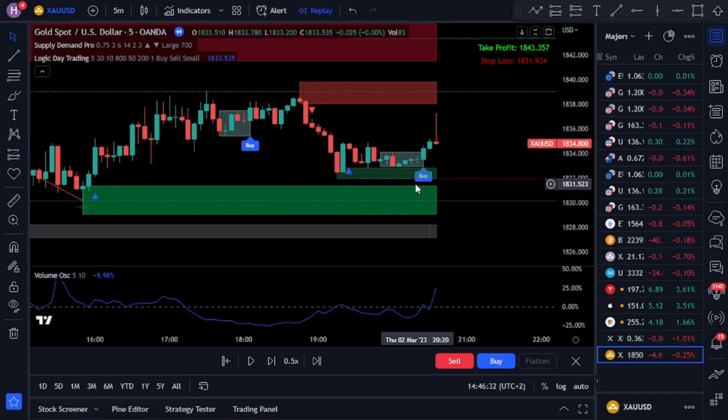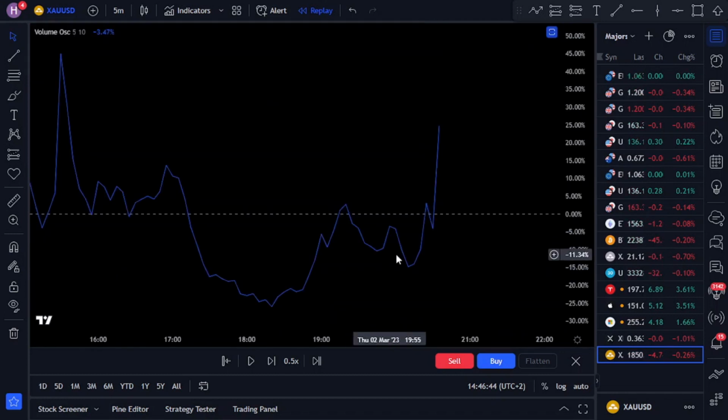Thirdly, we take a look at our volume oscillator to see if there's enough momentum for the trend to occur, meaning the volume oscillator needs to be above the zero line, showing us enough momentum for the trade to play out in our direction.